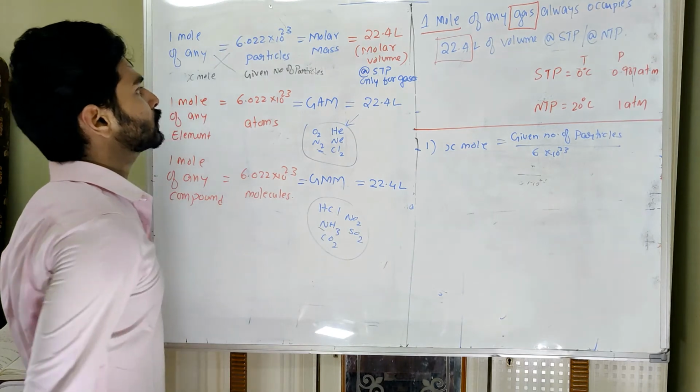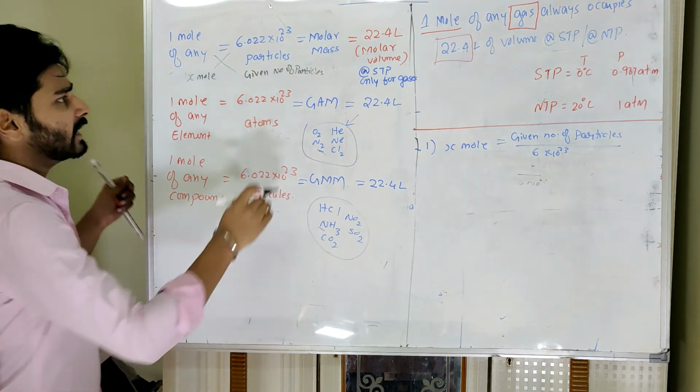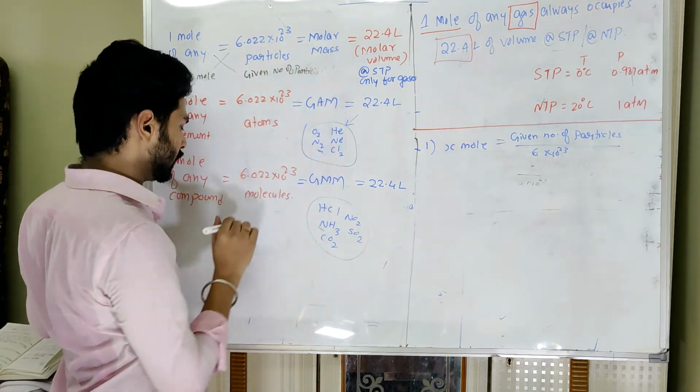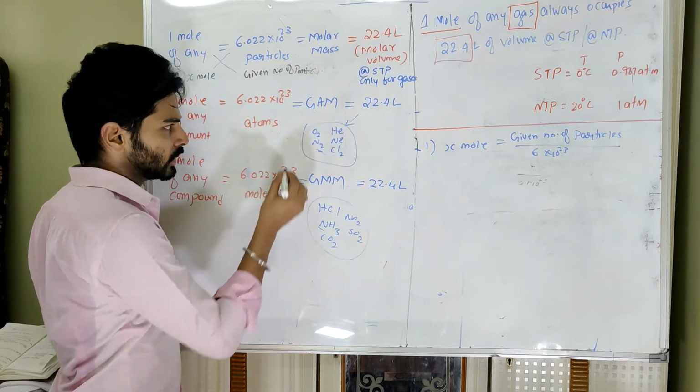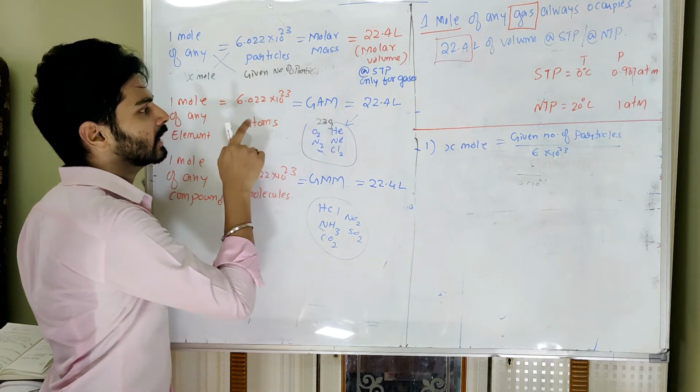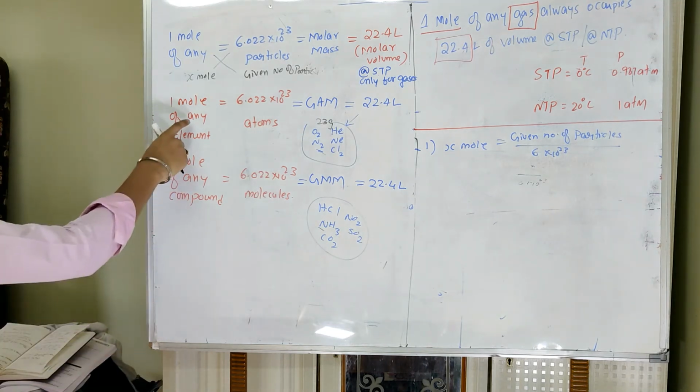Now let us proceed to mass. Any random mass is given. For example, in the case of sodium, let us assume only 23. For sodium, 23 gram will be considered as gram atomic mass, and that is equal to 1 mole.